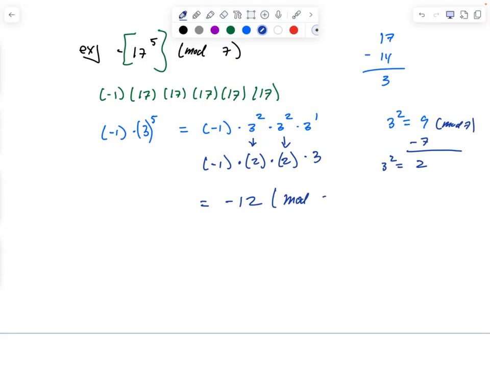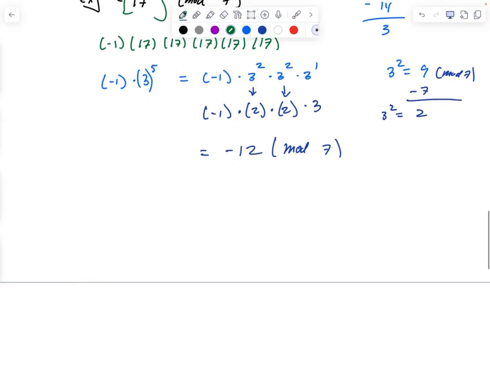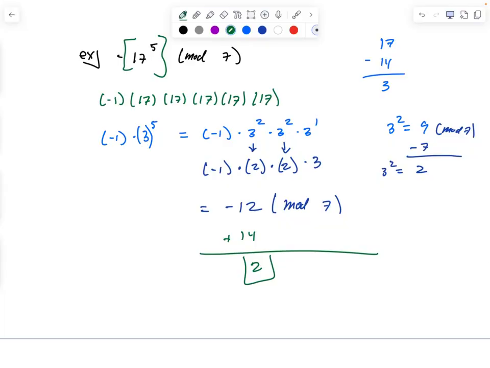Mod 7. I'm not done yet. I haven't found a final answer. I need to do one last conversion. I'm going to add how much? 14, which gives me 2 as my final answer. So the idea, remember, is we're utilizing these multiples of 7 in this case.